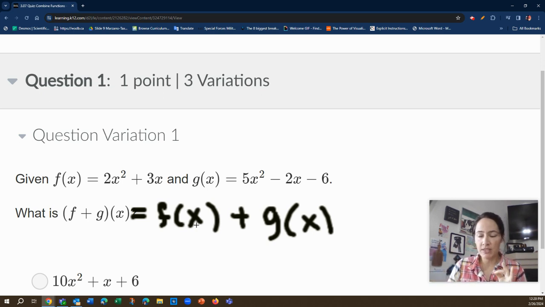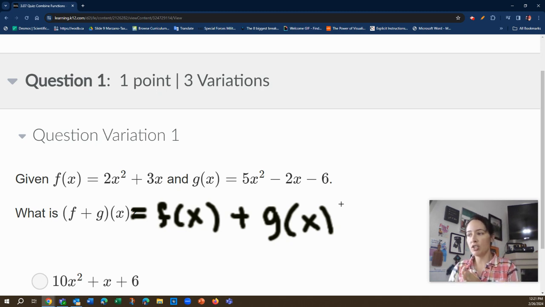When we first saw parentheses and variables, we would have read this as f times x. That's not what's happening with function notation. Just like it's not f plus g times x. If it helps you remember in a different way, that's fine. Whatever you want to use to help you remember something, it's fantastic. But just differentiate between what the notation is saying in this context. That can be really hard when you get into technical information, but you can do it.